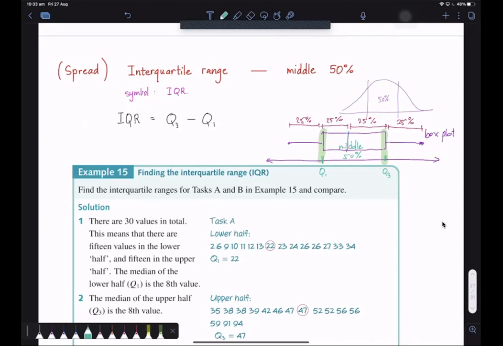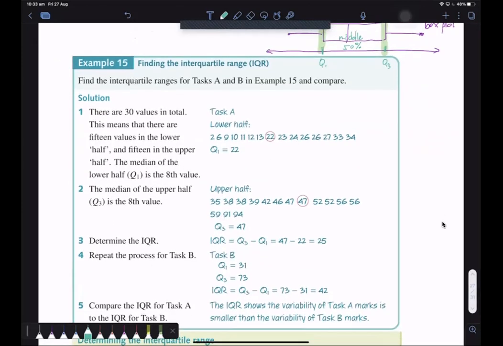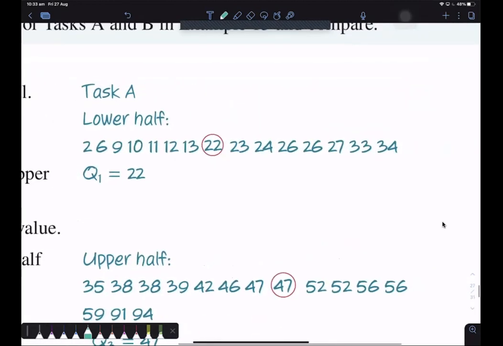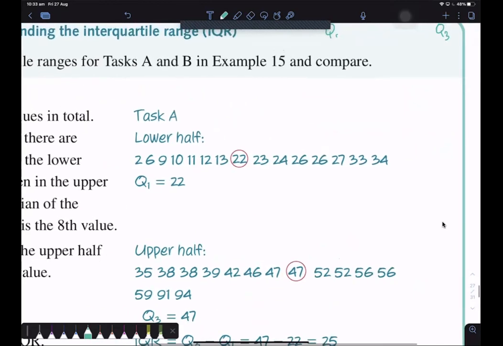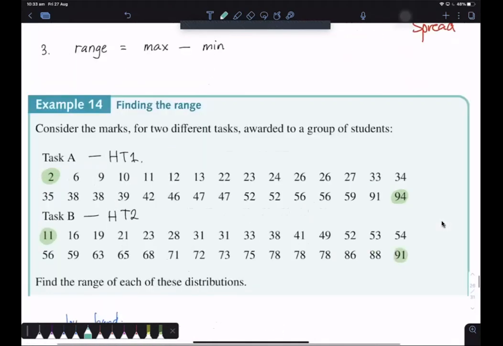We need to find the middle point, and then from there we find the other 2 middle points. So if you have a look here, if you have a total of 30, if you have all of these here, right?